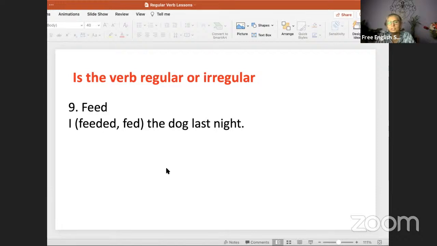Usually we feed the babies, or we feed the dogs, or sometimes we feed old people also. If you are helping them to eat, sometimes you say that word too. It's not very common, but yes, you use that. Hi, Nadeem.